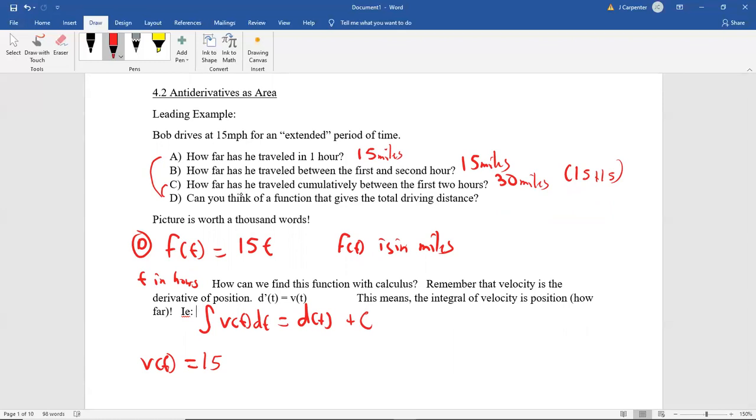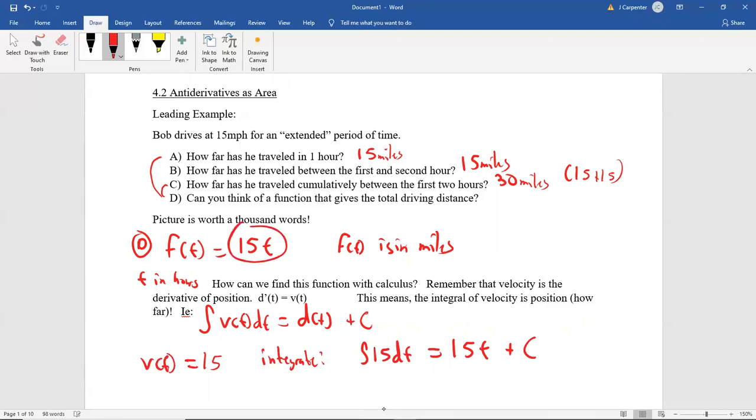So let's integrate this. The integral of 15 dt. Now that's a constant. The integral of a constant just gives you the constant times the variable, but this isn't an x because we're integrating over time, dt, so this is 15t plus c.